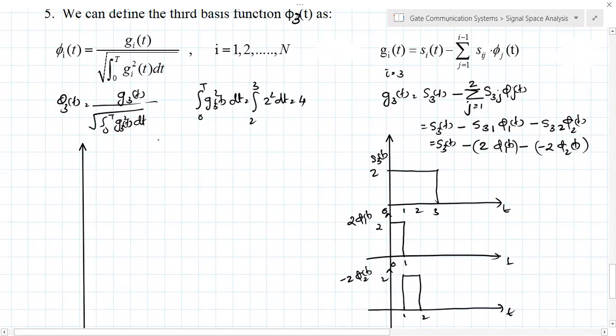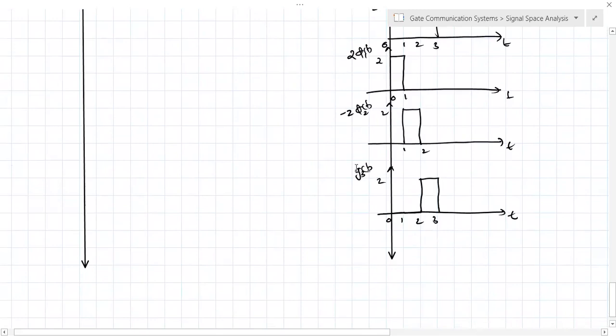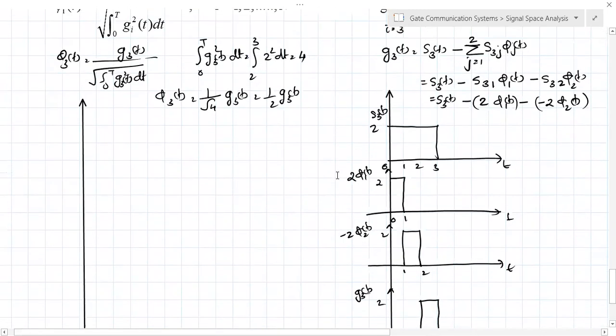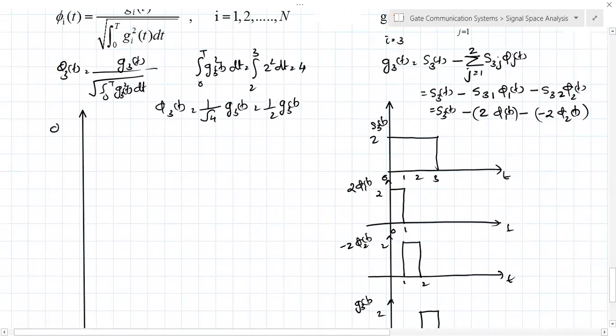Now if you substitute in this particular equation, phi 3 of t is 1 by root 4 G3 of t, which is 1 by 2 G3 of t. So if you multiply the amplitude of G3 of t with 1 by 2, it becomes 1. So you will get your phi 3 of t like this.